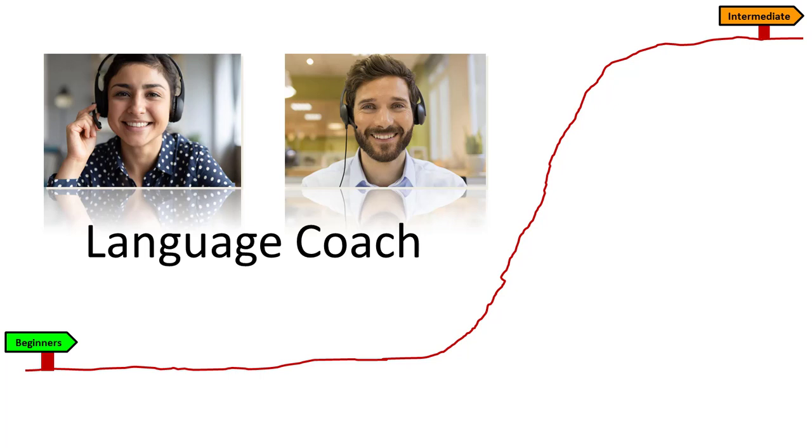Our language coaches in general are young people that come from Spain or South America, and we train all of them in the use of our teaching platform, so they are all familiar with it and with our methodology. So the first key thing is that you're going to need a language coach, and that language coach is going to help you progress along that journey. He or she is going to encourage and motivate you to get up that hill to where we want you to go, which is onto this intermediate plateau. So the first thing you get is a language coach.